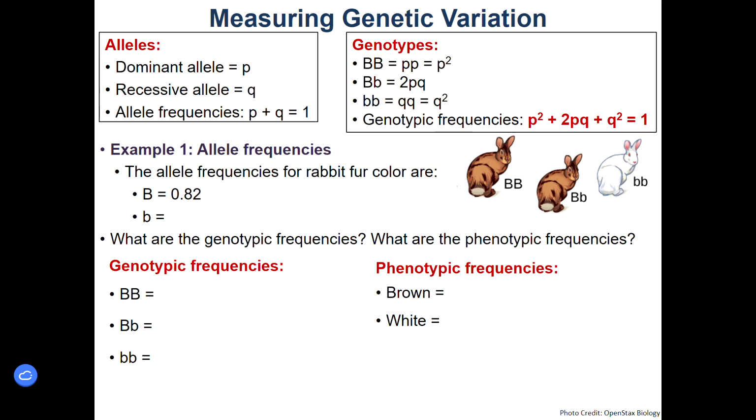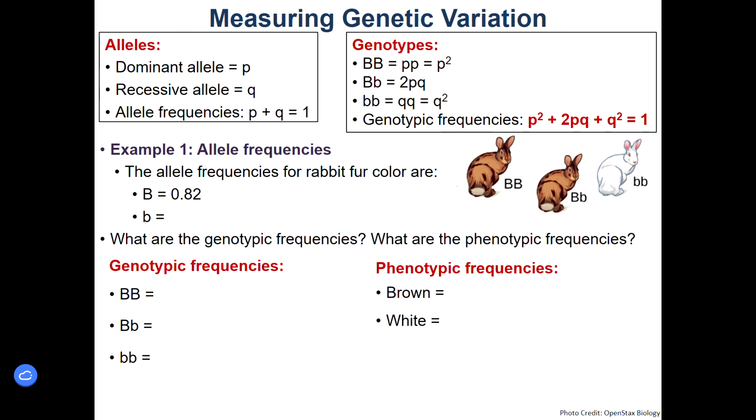And we know from testing that the allele frequency for the dominant allele, big B, is 0.82. The question you're being asked is, what are the genotypic frequencies for these rabbits and what are their phenotypic frequencies? So the first thing you need to do is figure out the allele frequency for P.